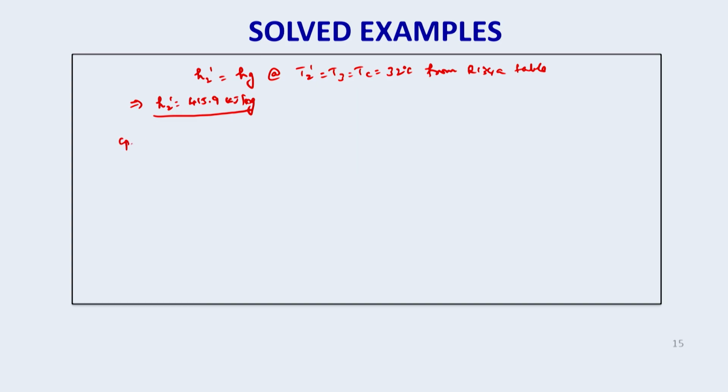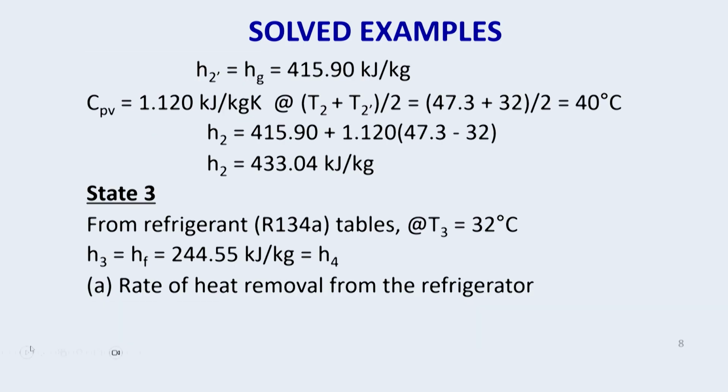It is to be found at the average of T2 plus T2 dash by 2, which is equal to T2, just now we found 47.3, plus T2 dash, 32, by 2. If you take it approximately, I think it comes around 40 degrees centigrade.